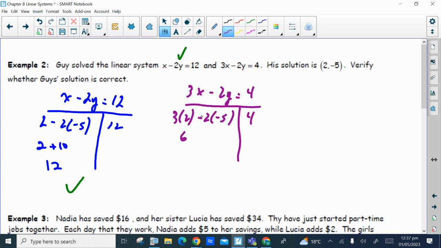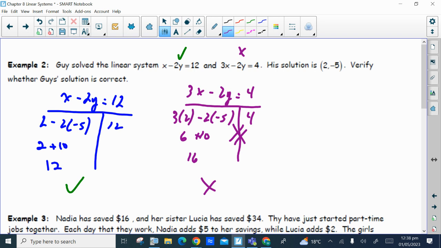and you're going to have 6. 3 times 2 is 6, and -2 times -5 is +10, and this gives us 16, not 4. So it doesn't equal. Therefore, it is not the solution. And that's all it asks us to do.